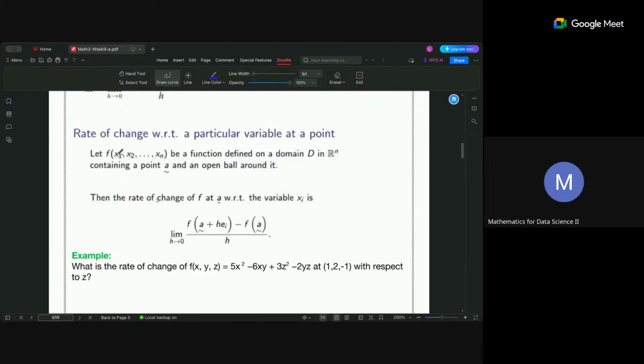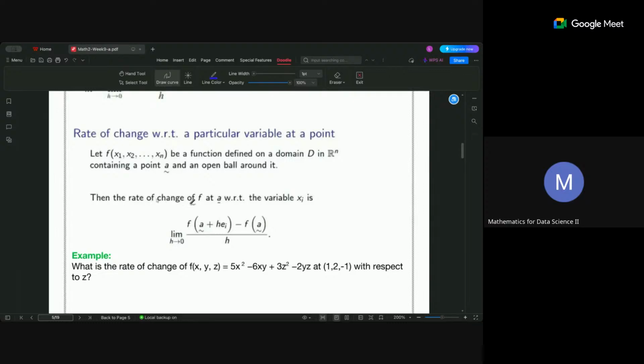So for a function f of x1, x2, ..., xn, with domain in Rn, containing a point A tilde and an open ball around it. We definitely need an open ball around it to define this rate of change. So A tilde is inside some open ball, the radius can be anything, but A should be inside an open ball, and that open ball is inside your domain.